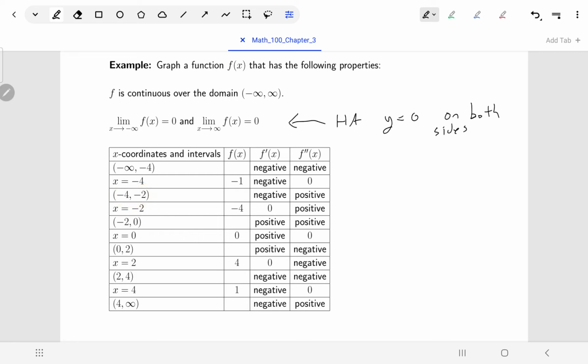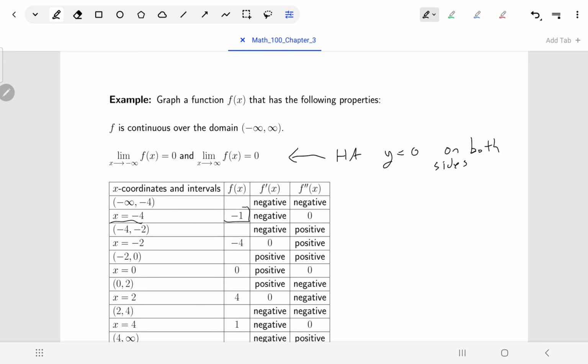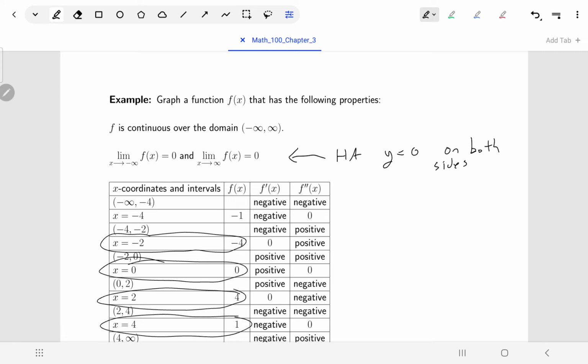So if we're talking about actual points, points would happen when you have an x-coordinate and a y-coordinate, and the y-coordinates come from f of x. So in other words, I have a couple of points that are given to me. I'm told, for example, that when x is negative 4, the y value is negative 1, or similarly, when x is negative 2, y is negative 4. I've also got the points (0, 0), (2, 4), and (4, 1).